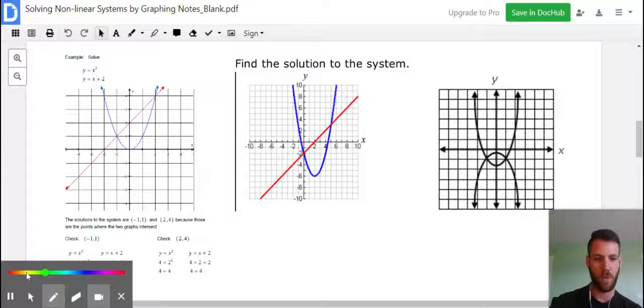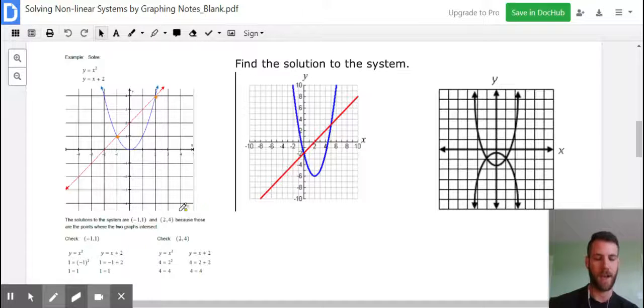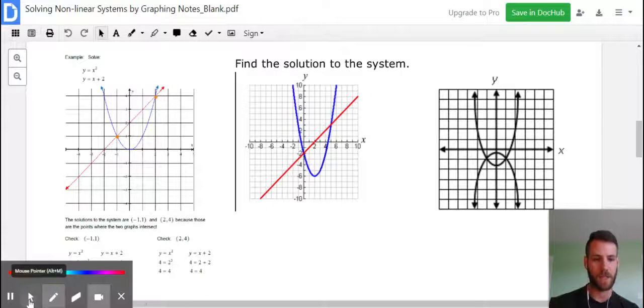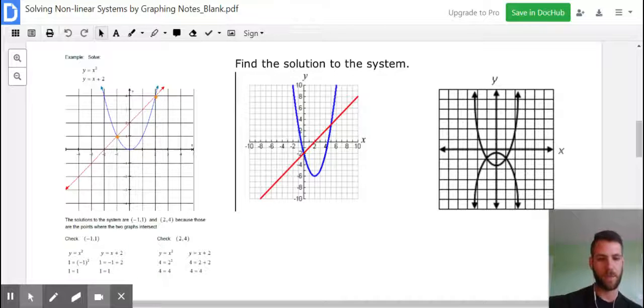It crosses once at that first orange dot, and then again at the second orange dot. Just by observation, sometimes you can tell what the answers are going to be. Those two answers, where my orange dots are, are -1, 1 and 2, 4.